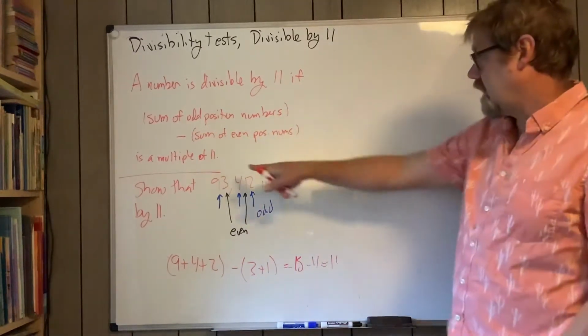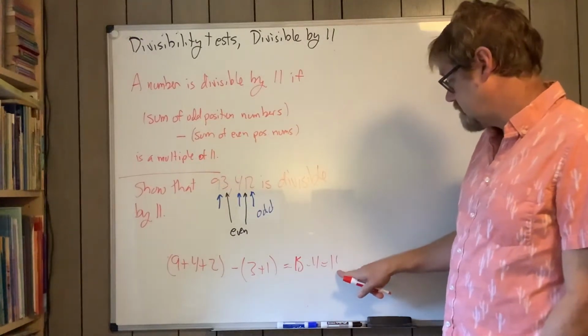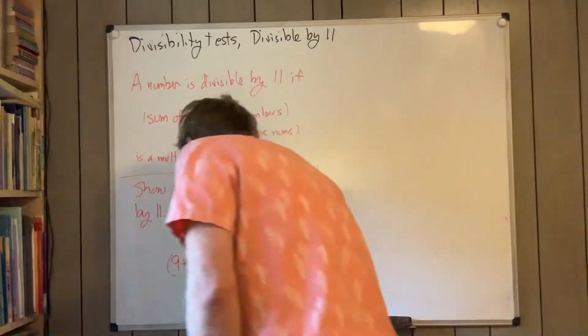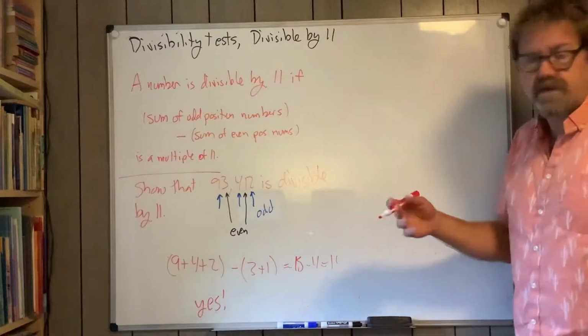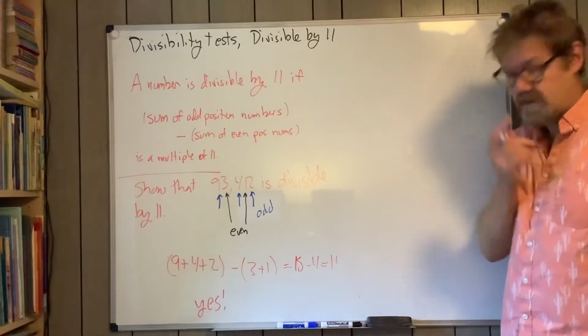And I'm checking to see if it's a multiple of 11. Since 11 is a multiple of 11, then yes. You could double check this if you wanted to and do division by 11 to see if that works.